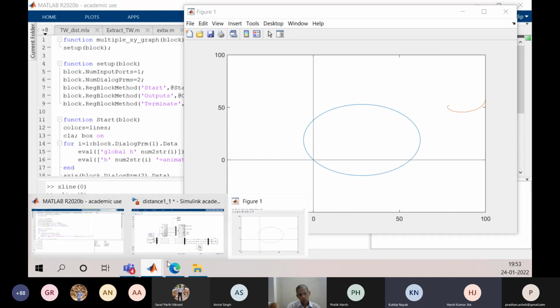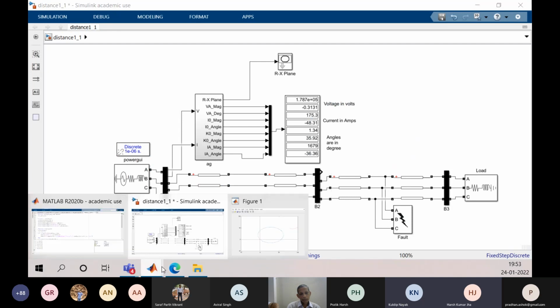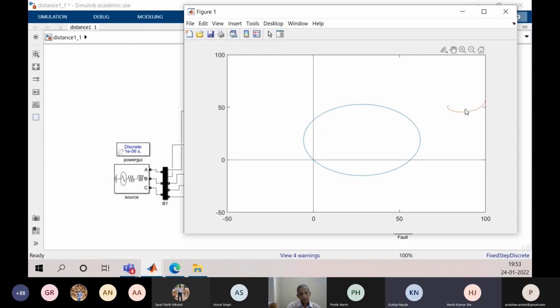When we created a fault outside the zone 1 of this relay, the impedance value calculated by the relay settled outside the zone 1. So this is considered an external fault.